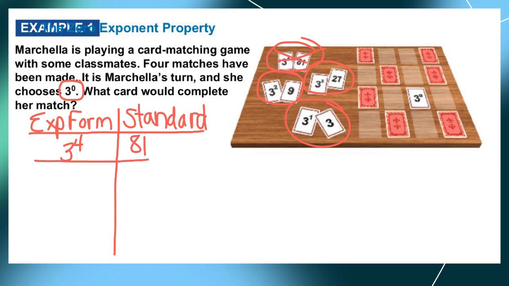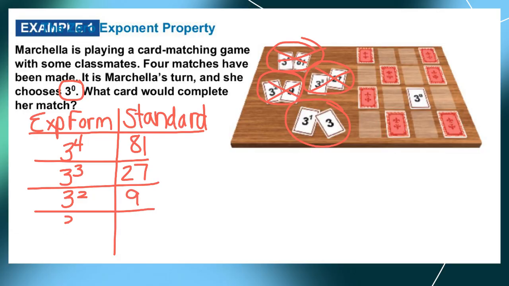That's this one. We have 3 to the 3rd power. 3 times 3 times 3 is 27. We have that one. We have 3 squared. 3 times 3 is 9. That one is done. And we have 3 to the 1st power, 3. And now Marcella has done 3 to the 0 power.